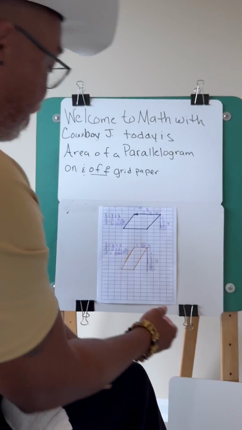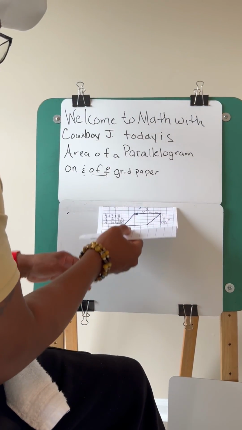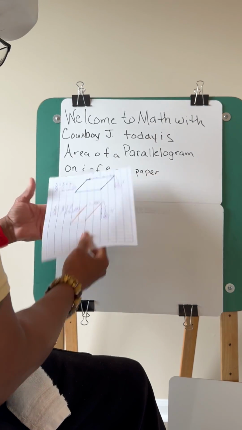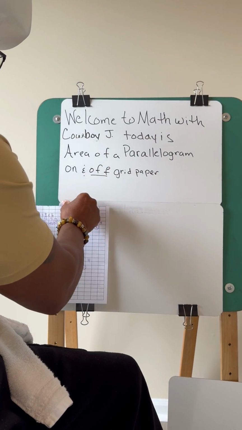And we're going to do another example. So I'm going to take this one. I'm going to move it over here to the side so that it's still visible. I'm going to do another one.